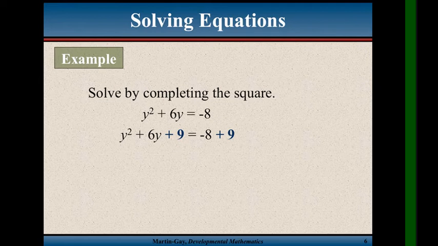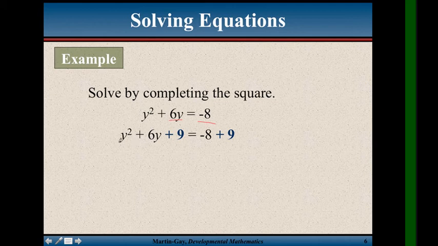In the 6y, our basis is always the second term in the quadratic equation. The second term is 6. So 6 divided by 2 is 3. 3 squared is 9. Then what we've done here will also be done on the right side. So we have positive 9.